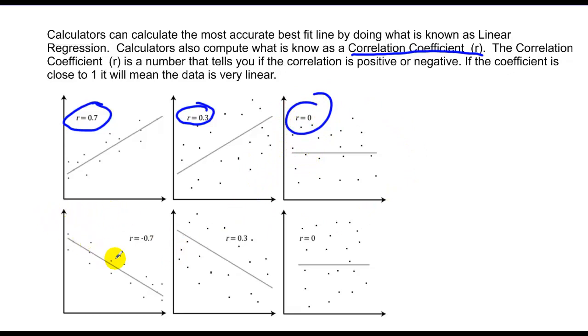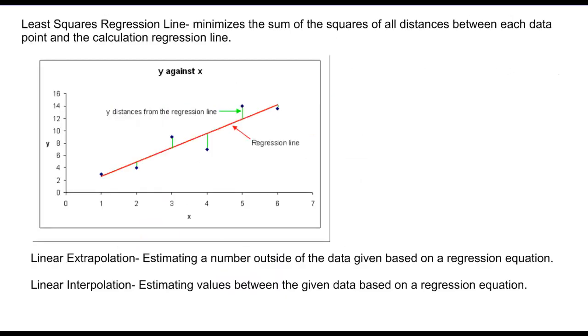Likewise, you'll notice close to a line but not exactly a line in the negative direction gives me a negative r of 0.7, and so on and so forth. Now, a least squares regression line, like I talked about before, passes through as many points as possible and leaves sometimes an equal number of points on either side of the line, or some on one side, some on the other.